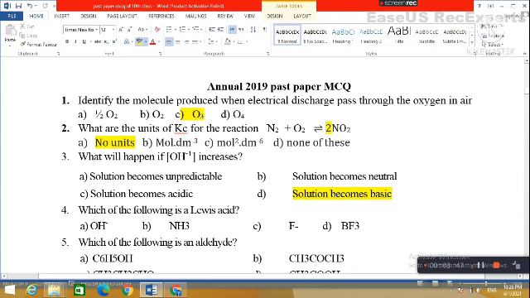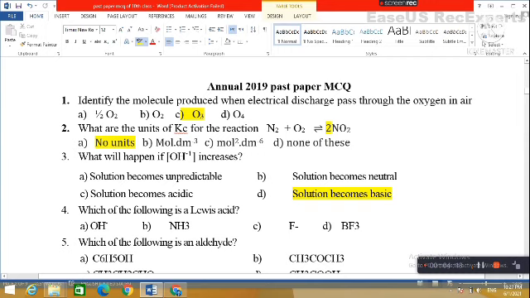Next, which of the following is a Lewis acid? According to the Lewis concept, a Lewis acid is a species which can accept a pair of electrons. So we will see which one will be able to accept a pair of electrons.